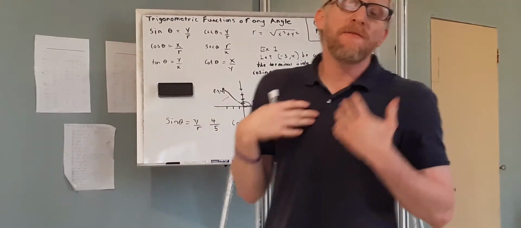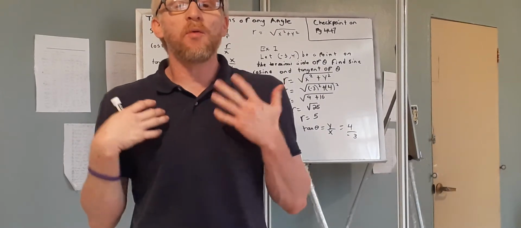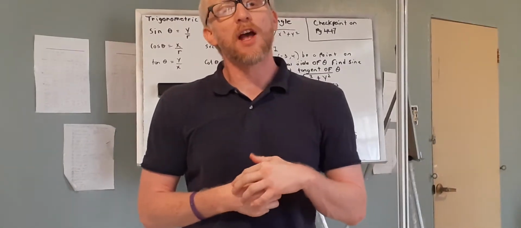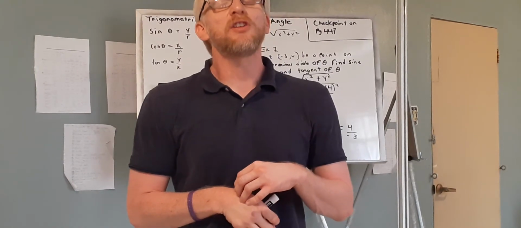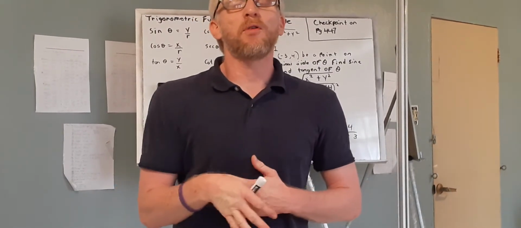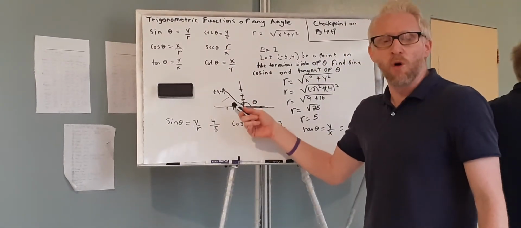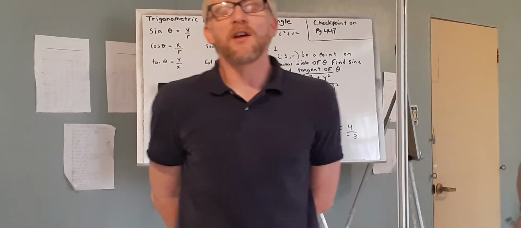So the figure that they give you in example 1, not necessarily the ordered pair, you're going to use to solve the checkpoint on page 447, but instead of having -3 and 4, you have a different ordered pair there at the bottom.